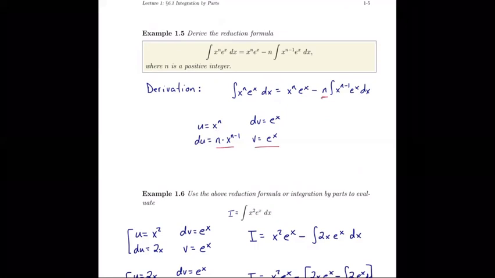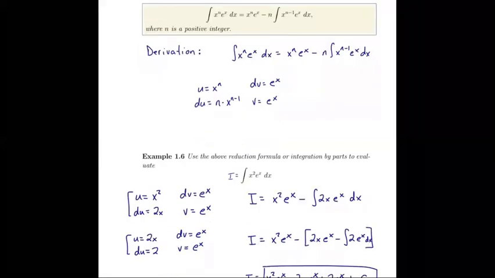And we end up with x to the n minus 1 times e to the x dx. So that's our reduction formula in this case. We've proven that this formula actually does hold thanks to integration by parts. We won't always prove reduction formulas. We might have some around that we just use, but the way to prove them is typically in this format.